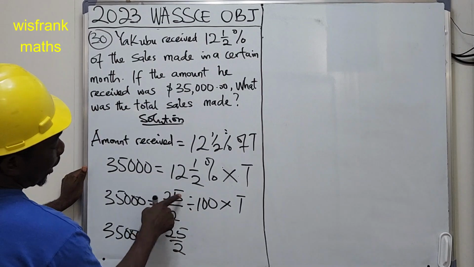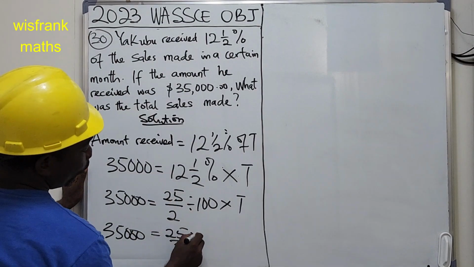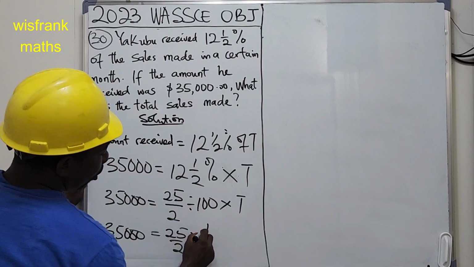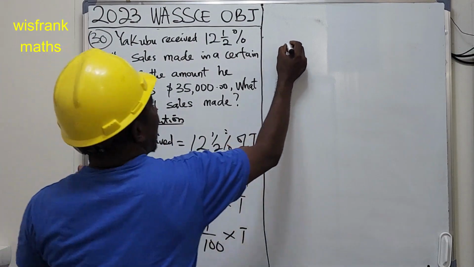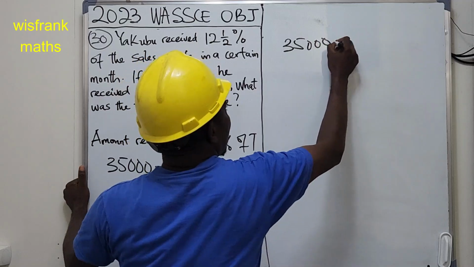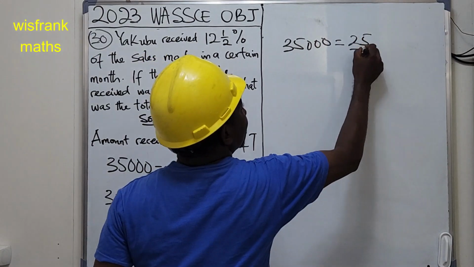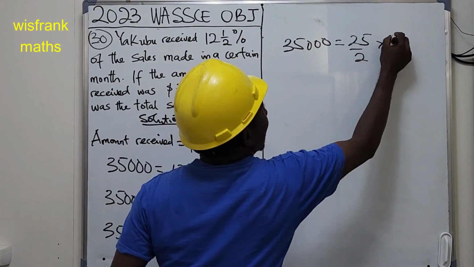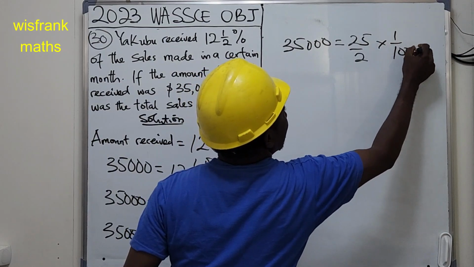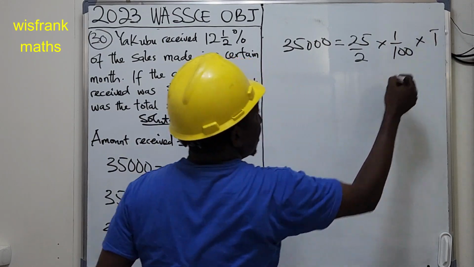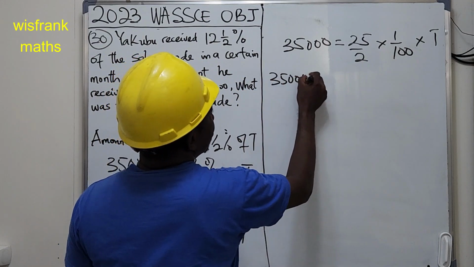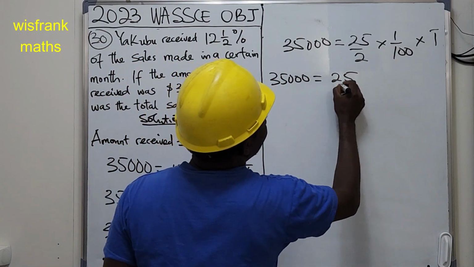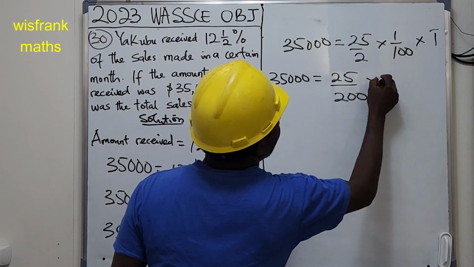This division sign is the same thing as, when you put multiplication, it will be 1 over 100 times T. So 35,000 equals 25 over 2 times 1 over 100 times T. So we can multiply this. You have 35,000 equals 25 over 200 times T.